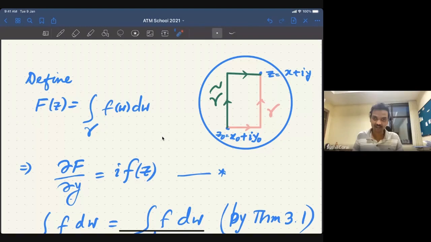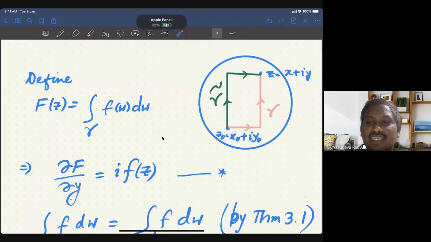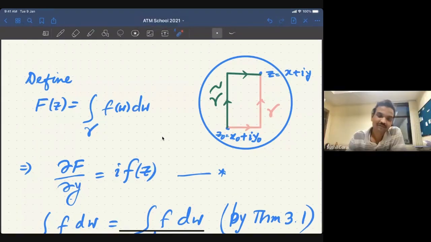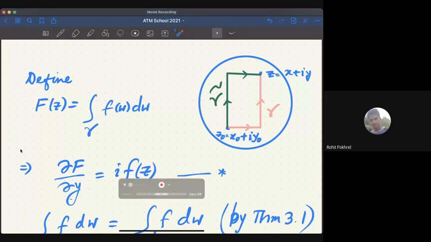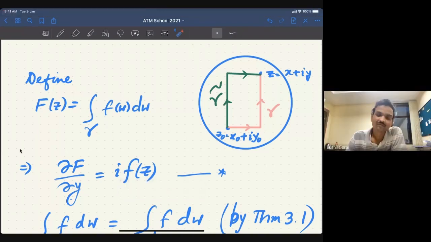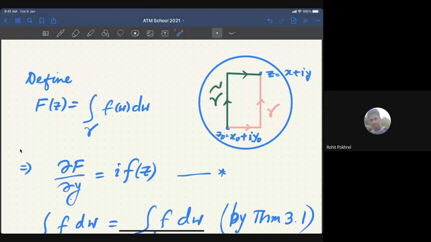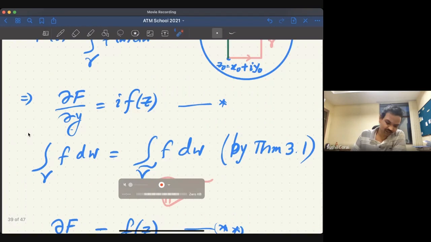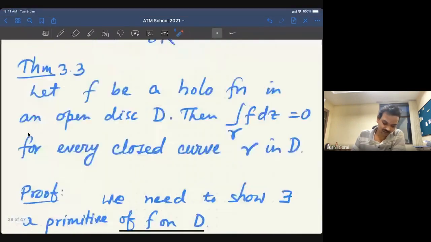Sir, if we take the diameter, this means that we are taking a point in the interior, no, sir? Yeah, that was the beginning.